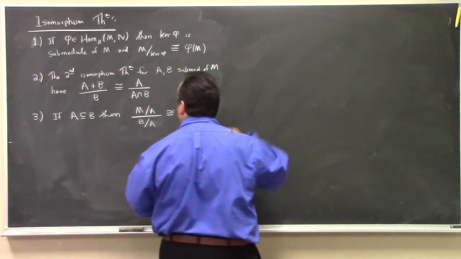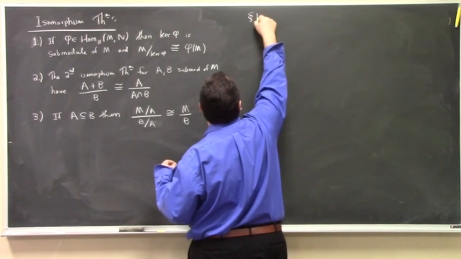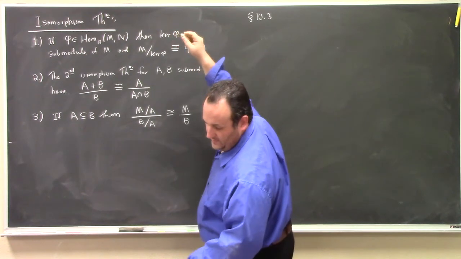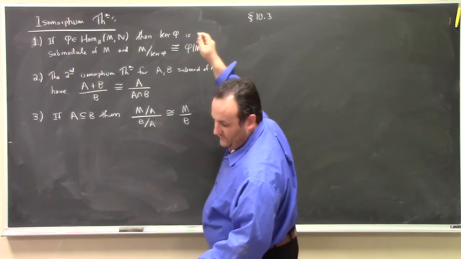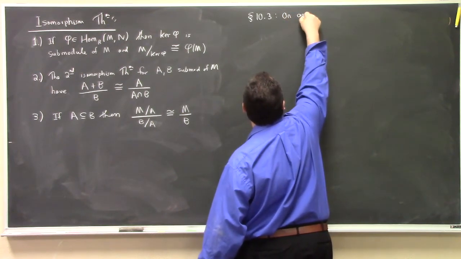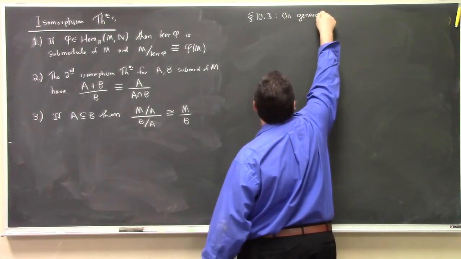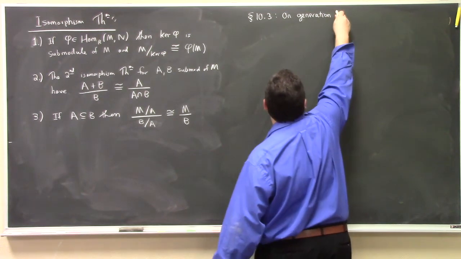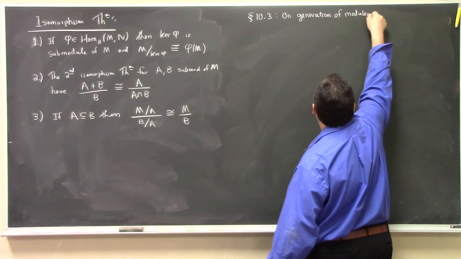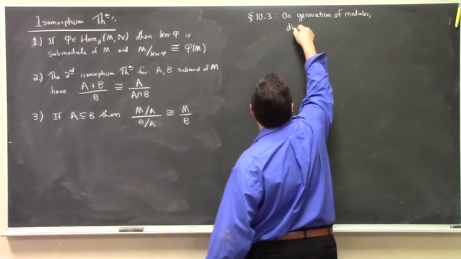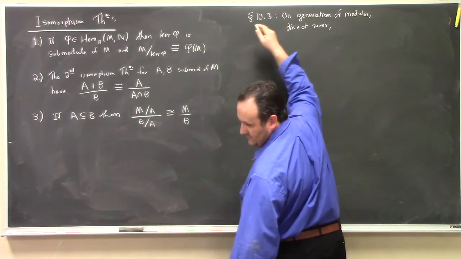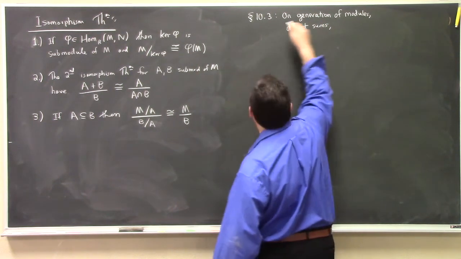All right, section 10.3 is on so-called generation of modules, direct sums, and free modules.